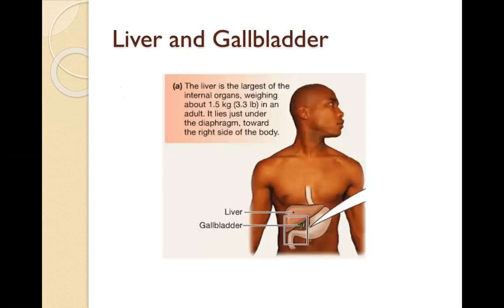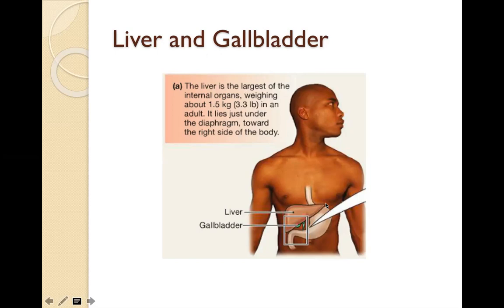The liver and the gallbladder. The liver is the largest internal organ. It's not the largest organ of the body, as you probably already know. The skin is the largest organ of the body. But if we're talking about internal organs, liver. And the largest internal organ also has a smaller accessory organ called the gallbladder that is connected to it.